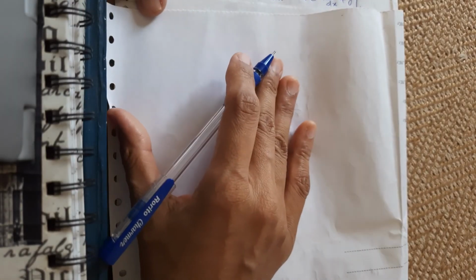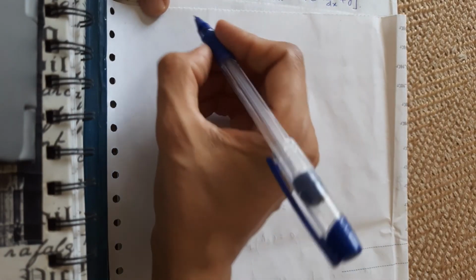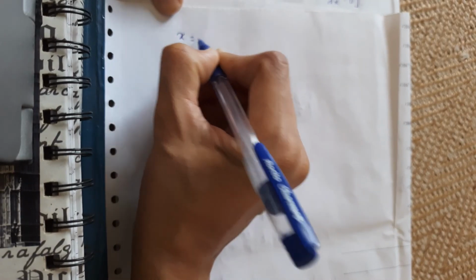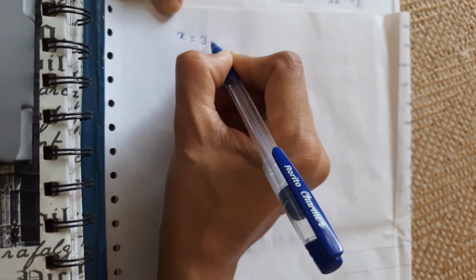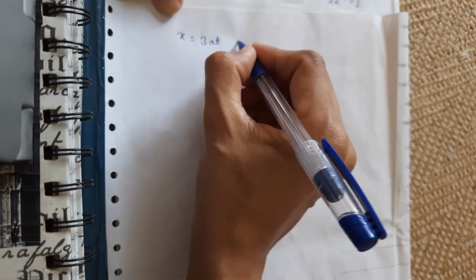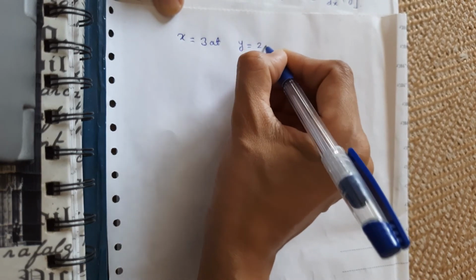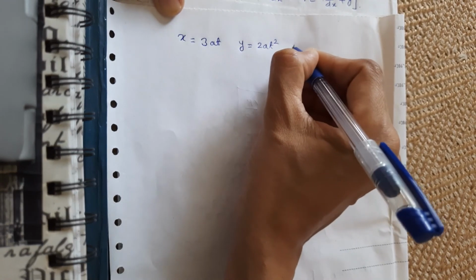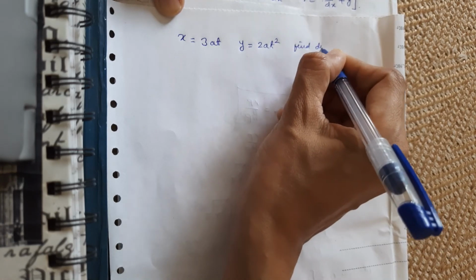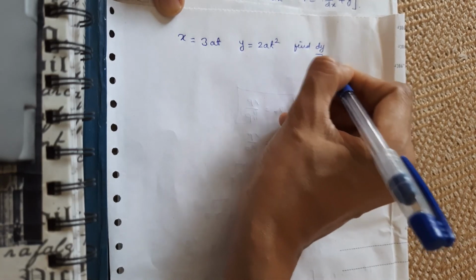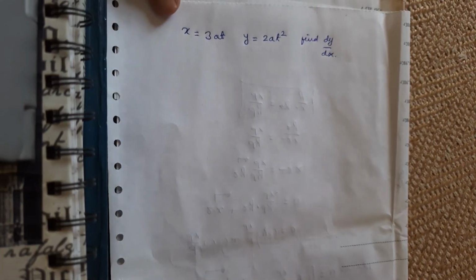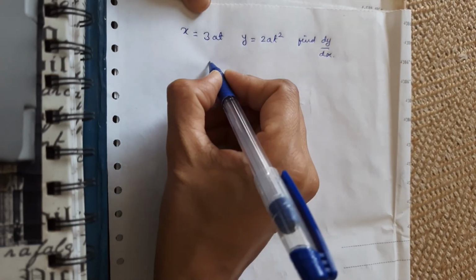Okay, one more example I am going to show you: find the derivative dy by dx if x equals 3at, y equals 2at square. Find dy by dx. So now you know the solution.